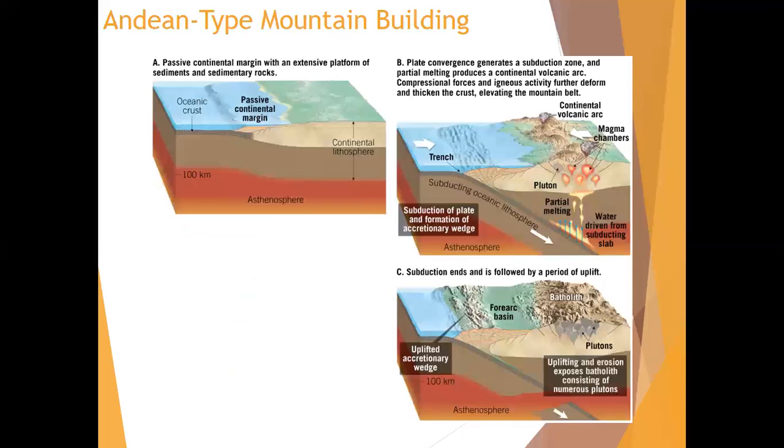Here you have a passive margin with a trench of subduction. There's a lot of sedimentary rocks here. At the subduction zone, melting is going to create a volcanic arc, which is then going to follow with a period of uplift as the mountains are kind of being added on here.